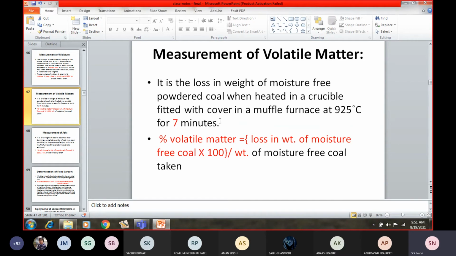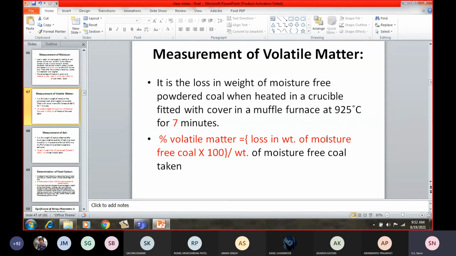It is heated for 7 minutes at 925 degrees centigrade in a muffle furnace, and then cooled in a desiccator, and then the loss of weight of the moisture free coal is determined.